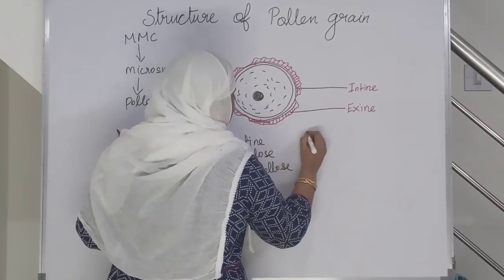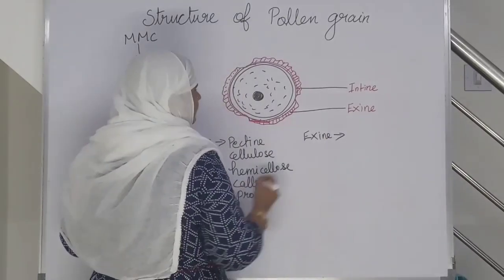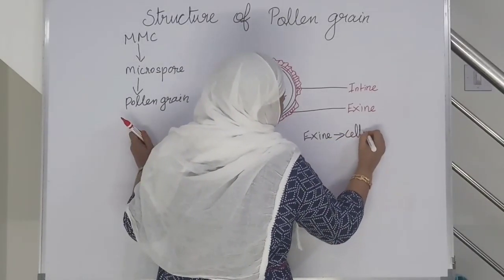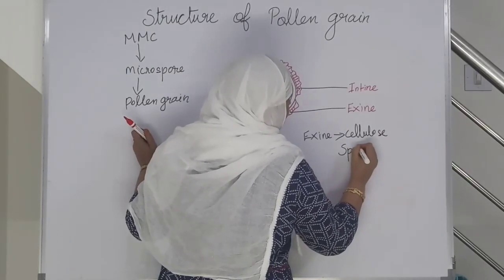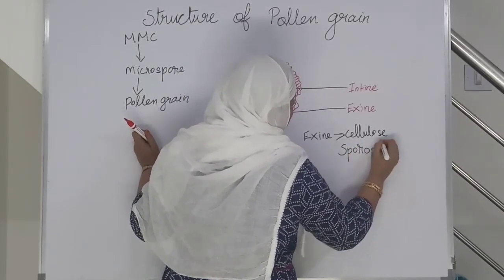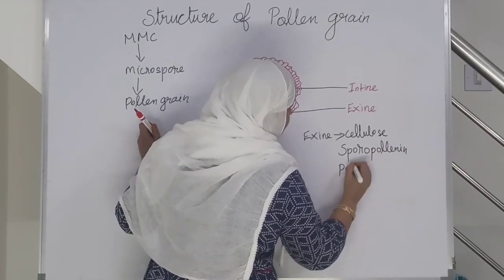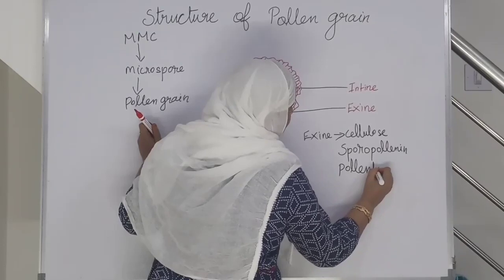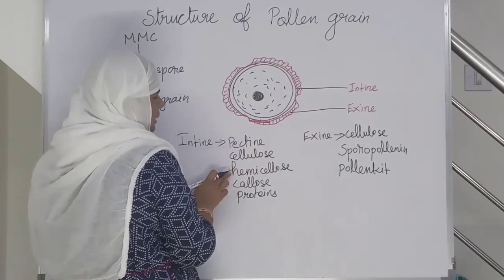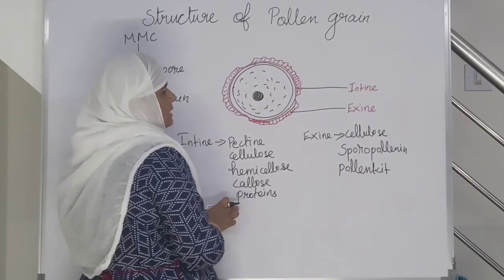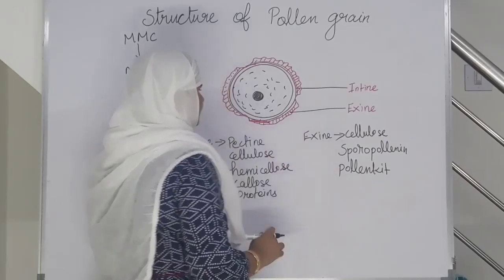The exine is made up of cellulose, sporopollenin, and pollen kit. Intine is made up of pectin, cellulose, hemicellulose, callose, and proteins. Exine is made up of cellulose, sporopollenin, and a pollen kit.